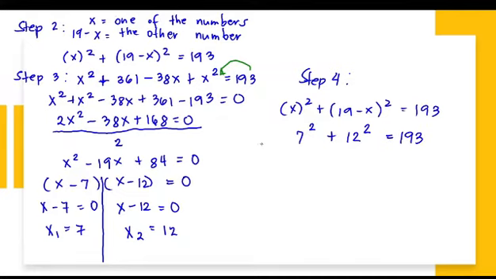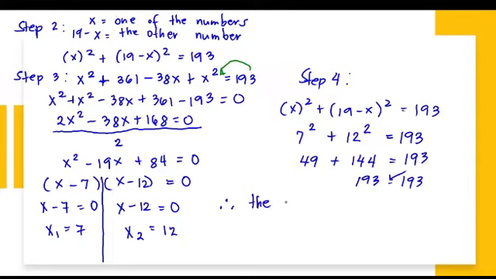So, simplify lang natin. 7 squared is 49 plus 12 squared is 144. So, is that equal to 193? Add nyo nga. 49 plus 144 is 193. So, correct.